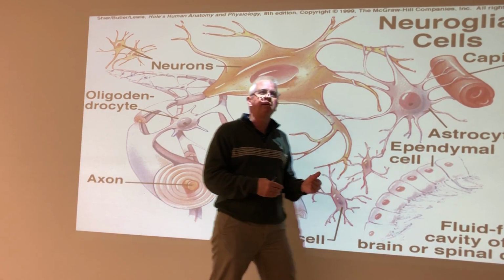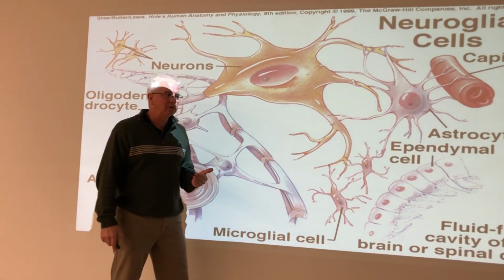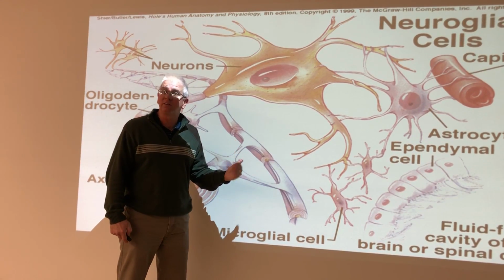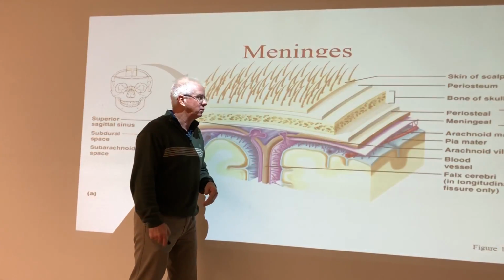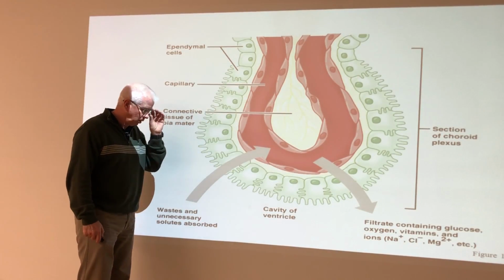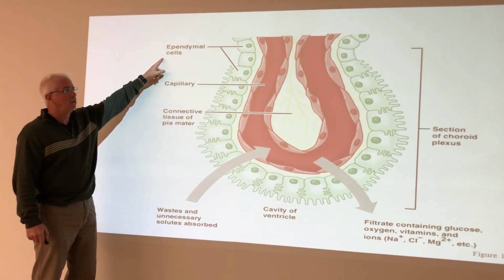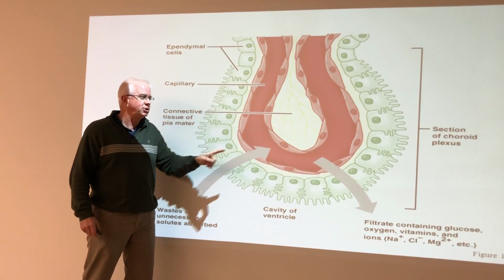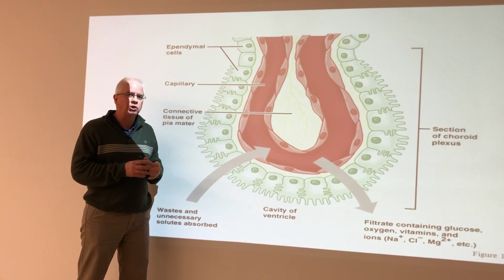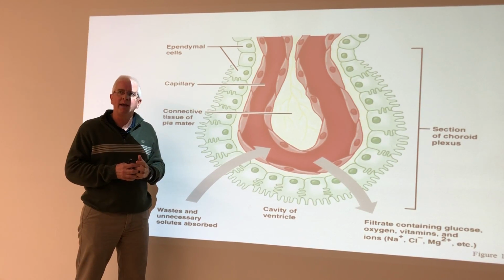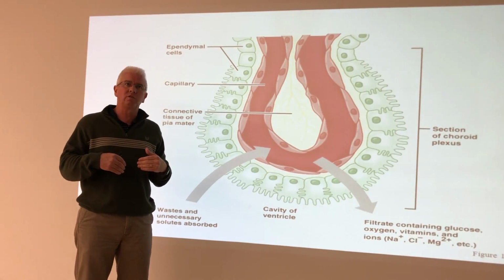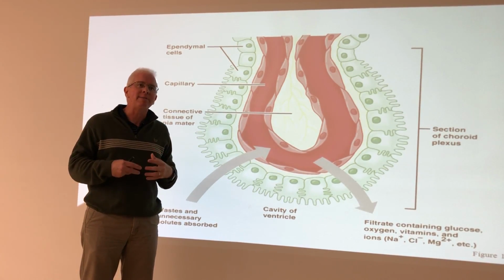And so I'm going to teach you how the cerebrospinal fluid gets into the system, how it moves through the system, and how it gets out. Okay, so let's start that discussion here with my ependymal cells. This is a cartoon image of structures that are found within the brain ventricles. Brain ventricles are holes found deep within the brain.